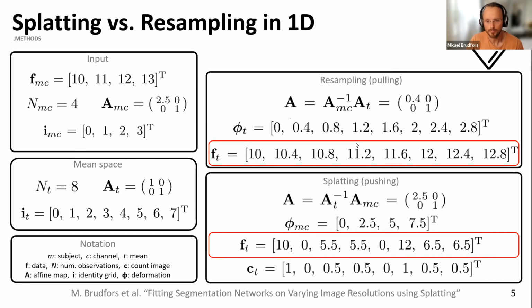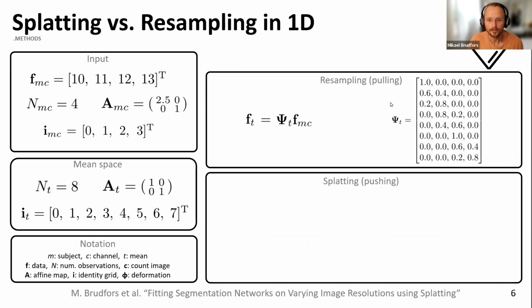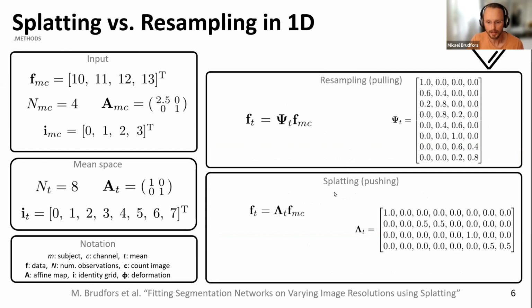What is also very important to note is what I said earlier about adjointness. You can actually encode resampling as a large sparse matrix multiplication. It's the equivalent. And you can also do this with splatting. This is just a side note.